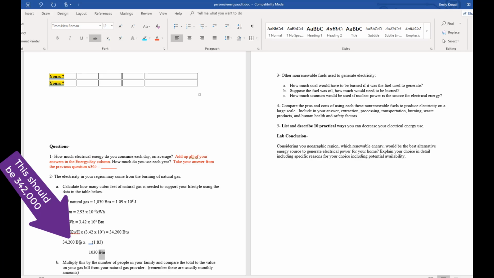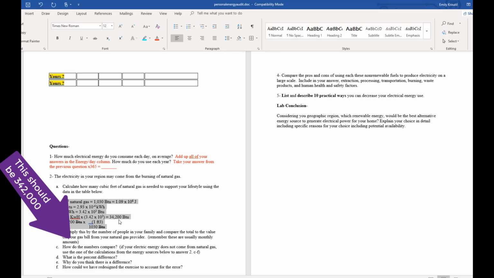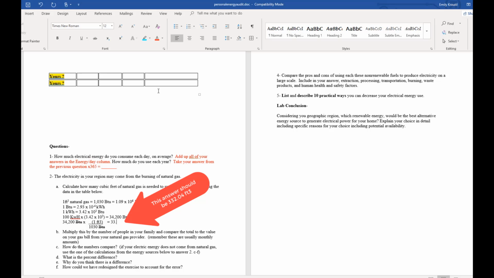We'll cross out our BTUs and remove all these extra lines. And we'll get 34,200 divided by 1030, and that's going to give us 33.2 feet cubed.